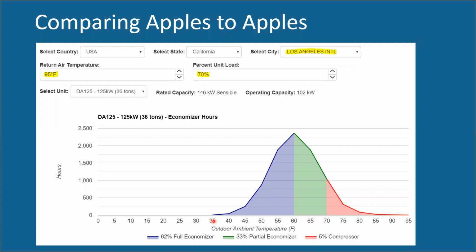So the competition will try to convince the engineer that 70% load is full load. And they have lots of reasons they'll try to use to justify that. But the reason for doing that is shown on the next slide when we make the percent unit load 100%.